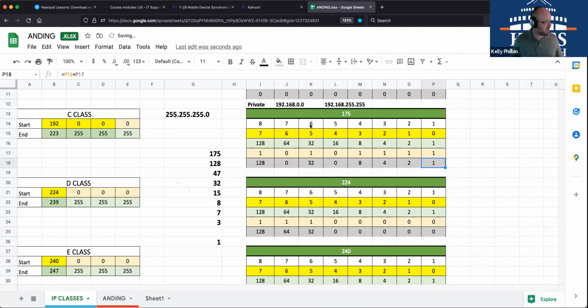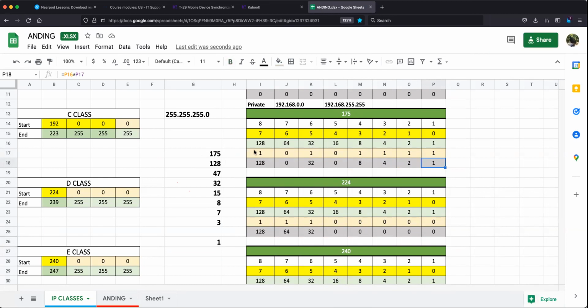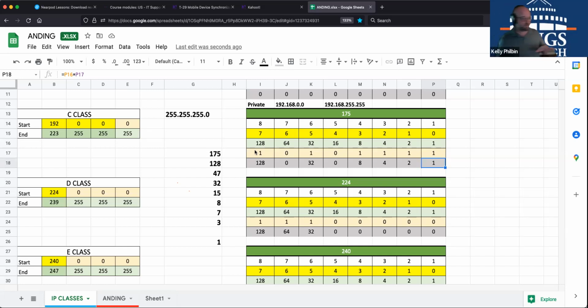So now we can see 175. It matches, right? Yes. So now our binary representation for 175 is 1 0 1 0 1 1 1 1. That is how we represent 175 in a binary bit.